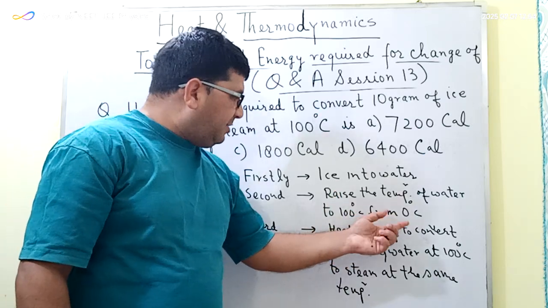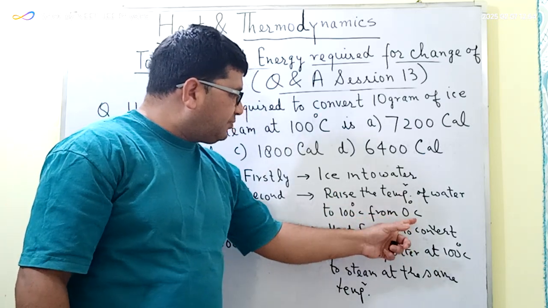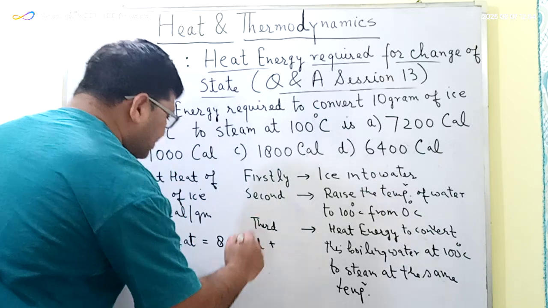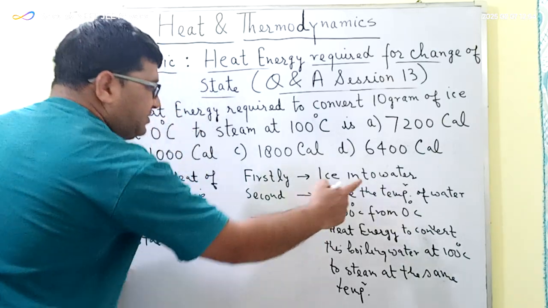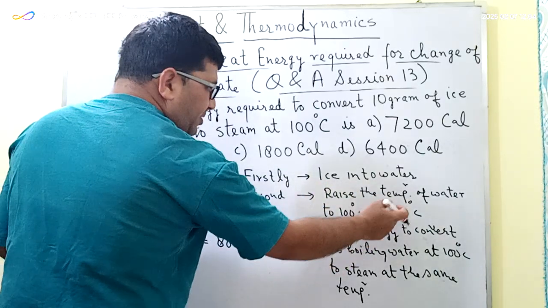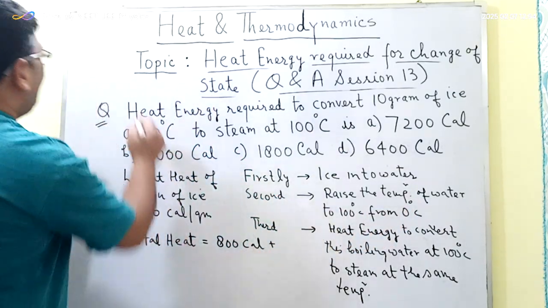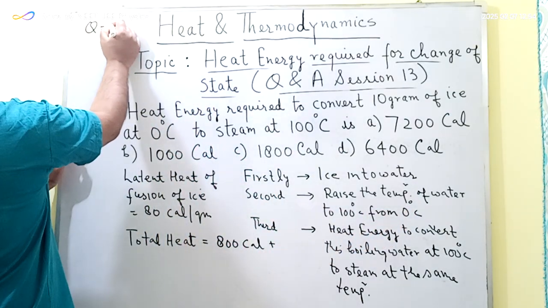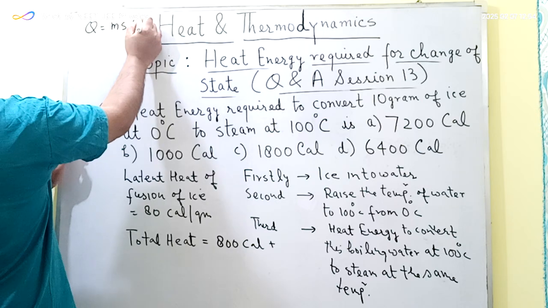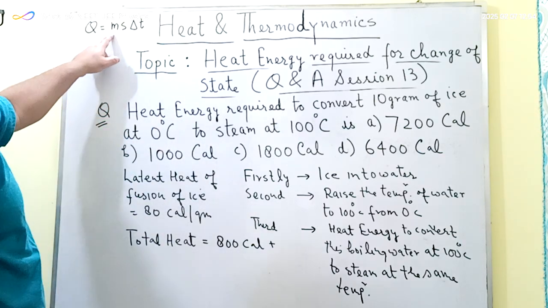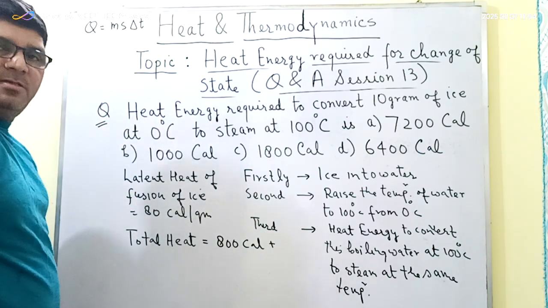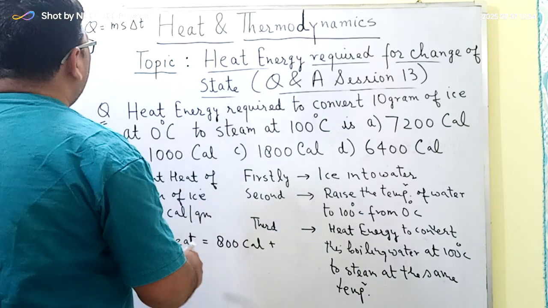The sensible heat requirement to increase the temperature of water from 0 to 100 degree centigrade is given by the formula Q is equal to m S delta T, where S is the specific heat of water, m is the mass, and delta T is the difference in the temperature.